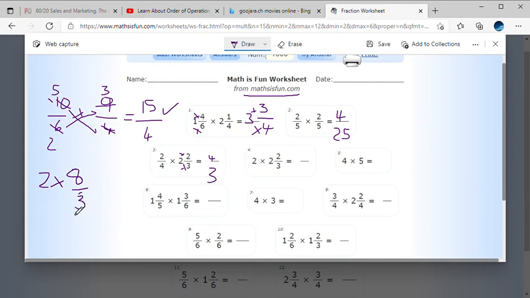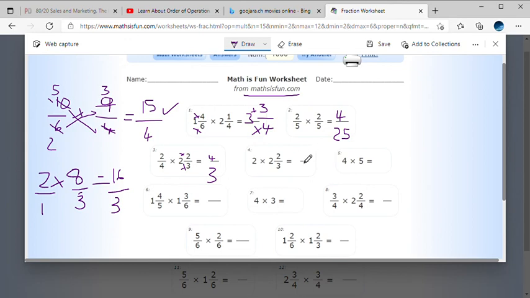But when we are multiplying with a whole number, because 2 is a whole number, we want to turn the whole number into a fraction. So you put it over 1. Then we go ahead and multiply across. 8 times 2 is 16, and 3 times 1 is 3.